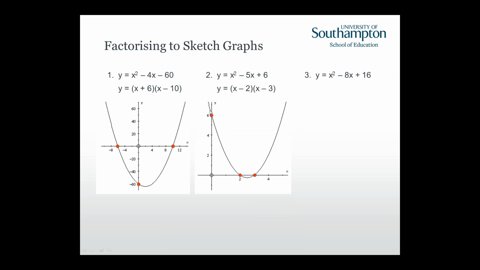So the fact that quadratic graphs are symmetrical also helps the students to draw them, and they get marks in the exam for how the curve looks. So as close to these beautifully drawn ones that Autograph can do as possible is what you're aiming for.